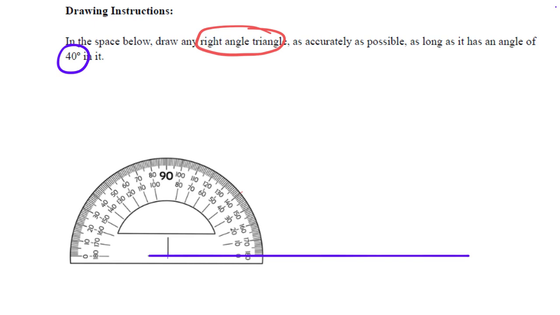Okay, I would like you to do the same thing now. Draw a line somewhere in that big blank spot. Pick a mark on that line to be the location of your 40-degree angle. As accurately as you can, put your protractor on and measure out your 40-degree angle, get your two ticks.